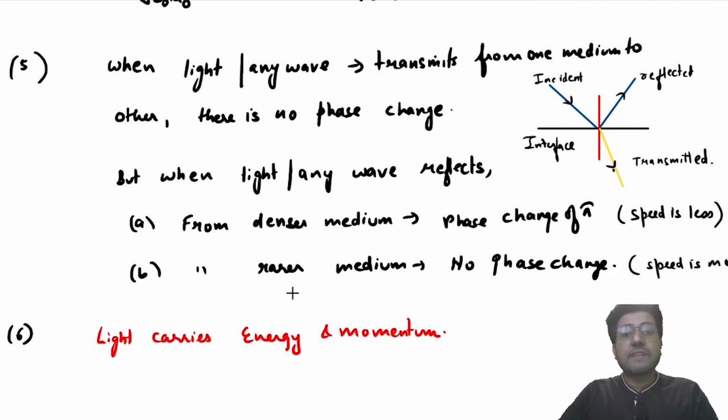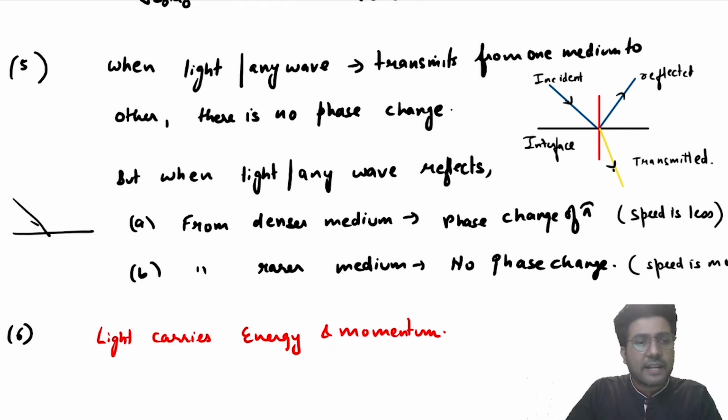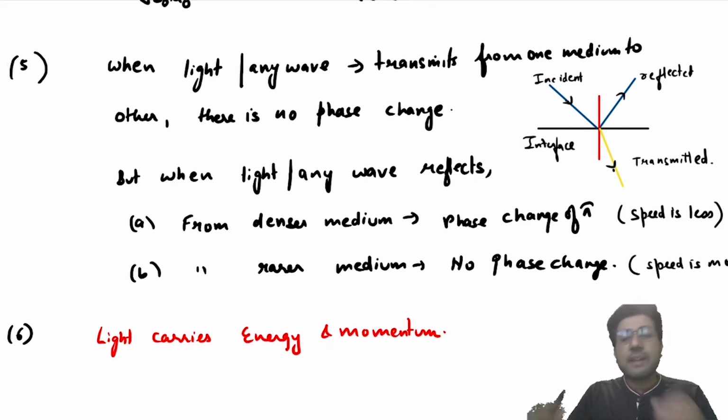But if the light is reflected from a rarer medium, that means the light is traveling from denser medium towards the rarer medium, but it is getting reflected at the interface of the rarer medium, in that case there will be no phase change. So again I'll repeat: when light travels from rarer to denser, there is a phase change of pi, and when light travels from denser to rarer but gets reflected from the rarer medium, there is no phase change.